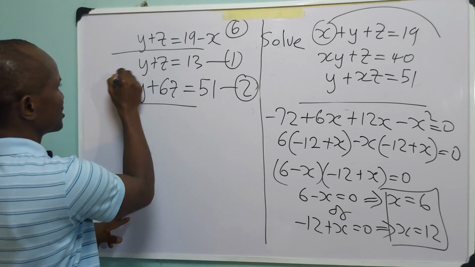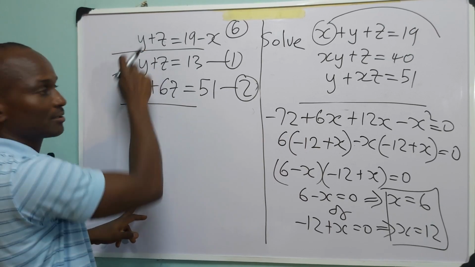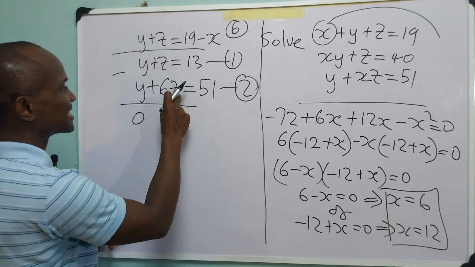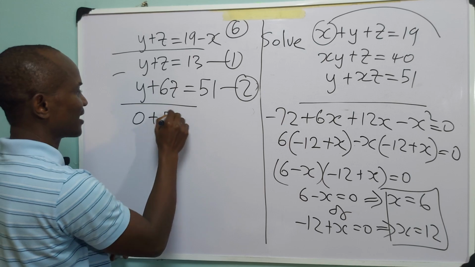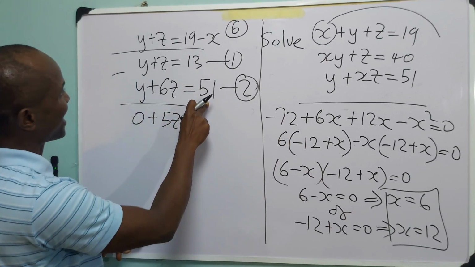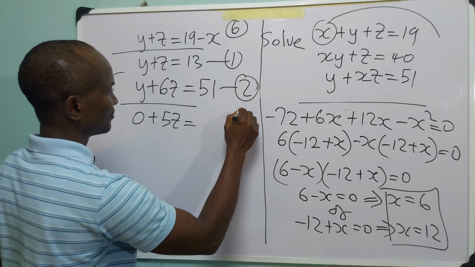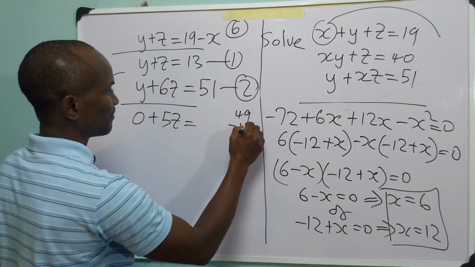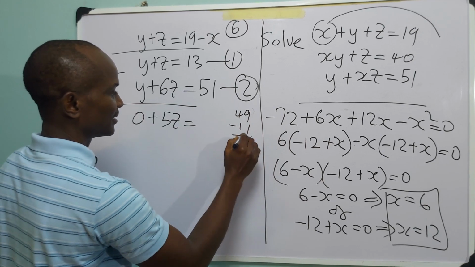Very good. We can subtract. Y minus y is 0. 6z minus z is equal to 5z. 51 minus 13 is equal to 49 minus 11, which is 38.